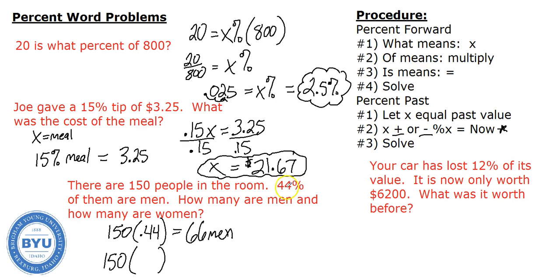So instead of 44% are men, that would mean 100 minus 44, or 56% are women. So 150 times 0.56 comes out to be 84 women. We could add those together just to make sure that they're 150, and that's correct.